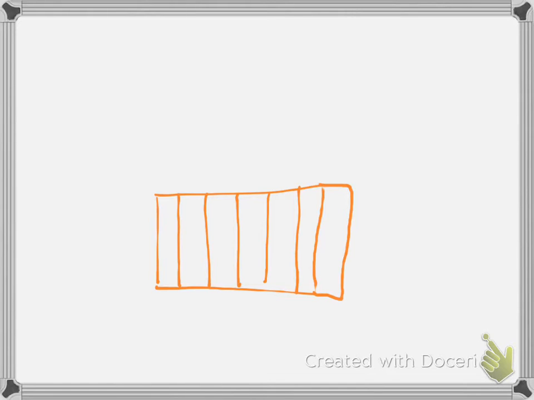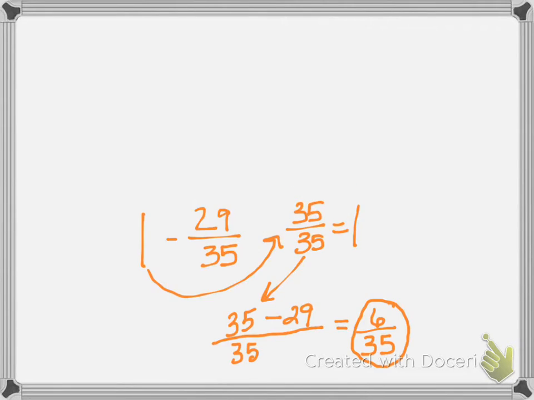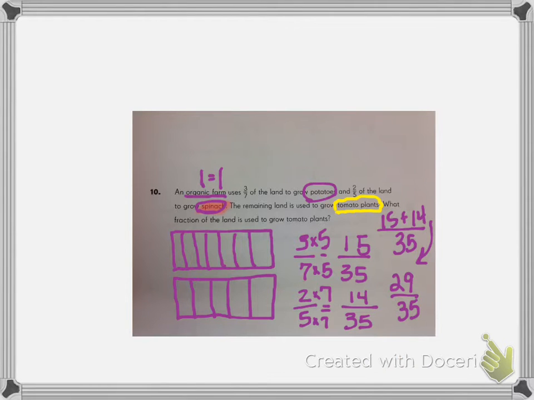Common denominator of 35, so 1, 2, 3, 4, 5. Now I have 35 as my denominator. And if I go back and I look at my previous work, I said that I had 15/35ths was going to be my potatoes.